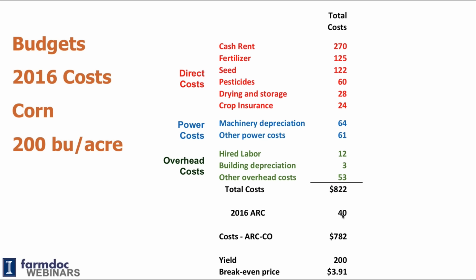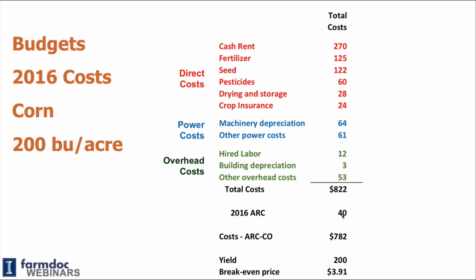Overall, Nick, correct me if I'm wrong, they're going to probably be near maximum in a lot of counties for corn. Yeah, a good portion of counties across the country, especially right in the heart of the Corn Belt, will have ARC payments, and a good portion of those will have the maximum ARC payment available, which is 10% of whatever the county revenue guarantee is.